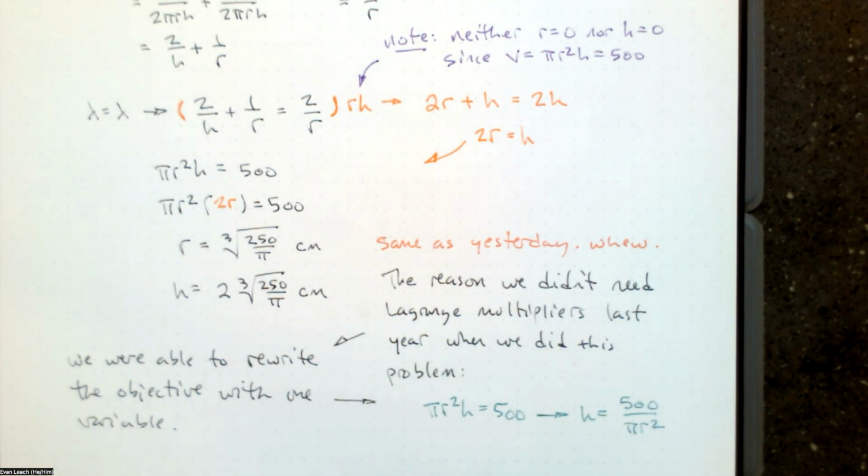That's why we didn't need this originally. That's why this particular problem was chosen for this process, for this optimization, the constraint optimization process. We were able to write our objective in terms of one variable.